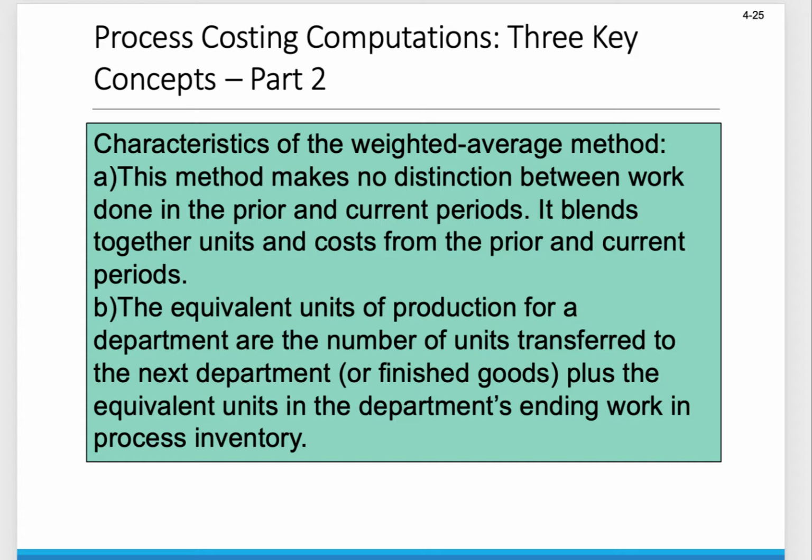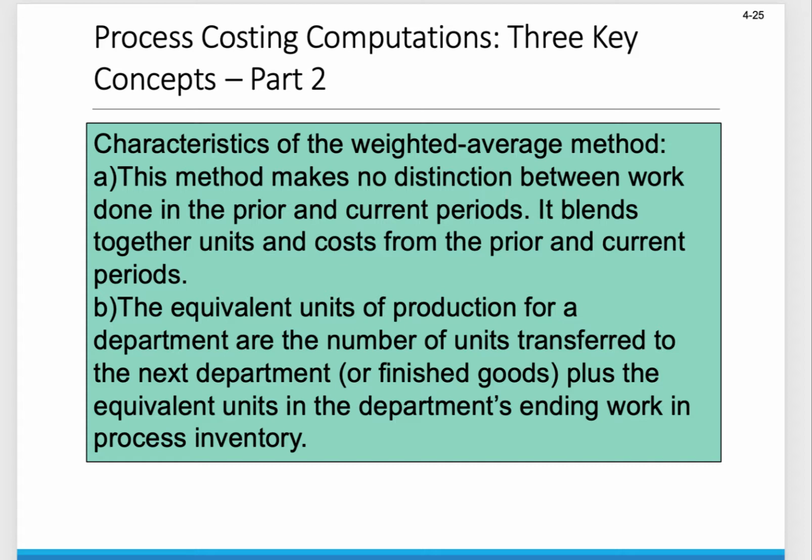One distinct characteristic, and this is really what makes it different from FIFO, is that the weighted average method makes no distinction between work that was done in the prior period versus work that was done in the current period, okay? So really what it does is it takes all those units and costs from the prior period and the current period, and it blends them together, okay?